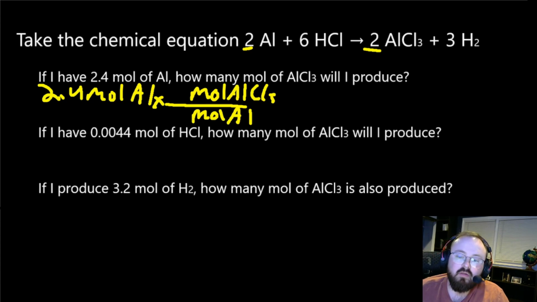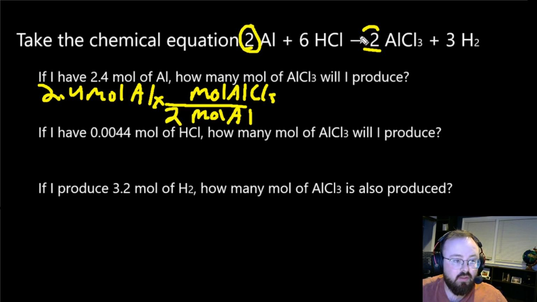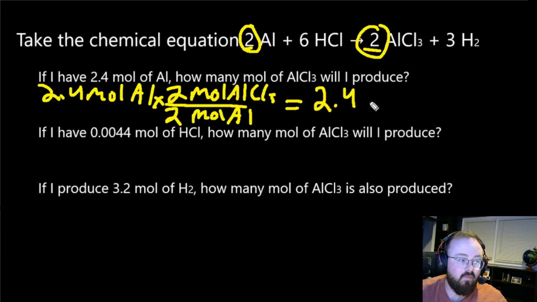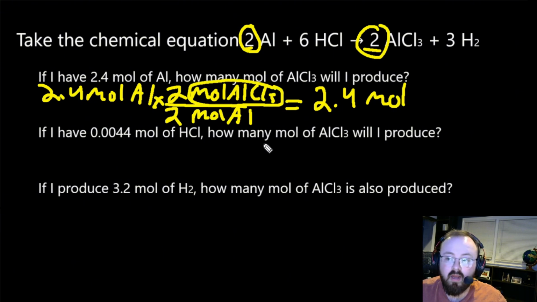Because of what we just talked about, the coefficients are what give us this ratio. I have 2 moles of aluminum for every 2 moles of aluminum chloride. And mathematically, 2 divided by 2 cancels out. I'm left with 2.4 moles. What is my unit? My unit is moles of aluminum chloride.